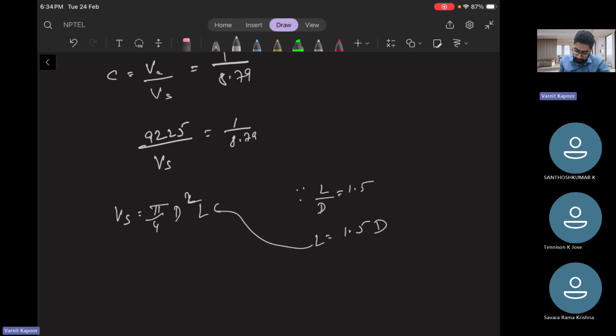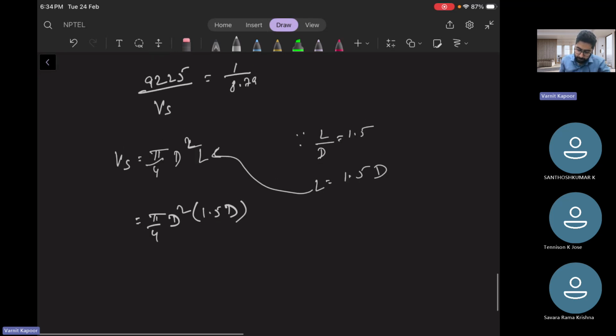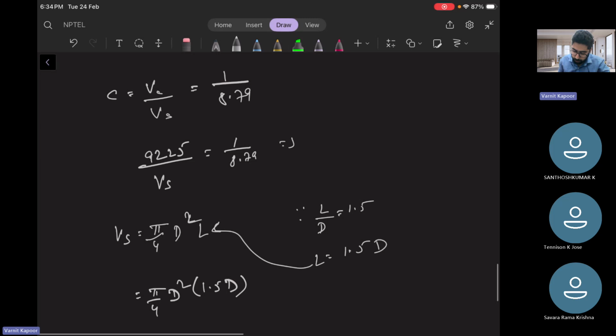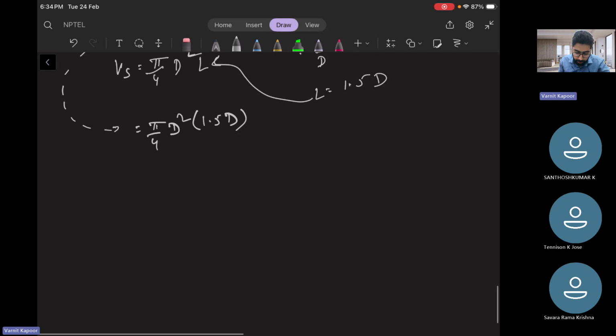Put this L here: pi by 4 d square into 1.5 d. V swept will come out to be 9225 into 8.79. Put this value here and solve, and you get D equal to 40.98 centimeter and L equal to 61.9 centimeter.